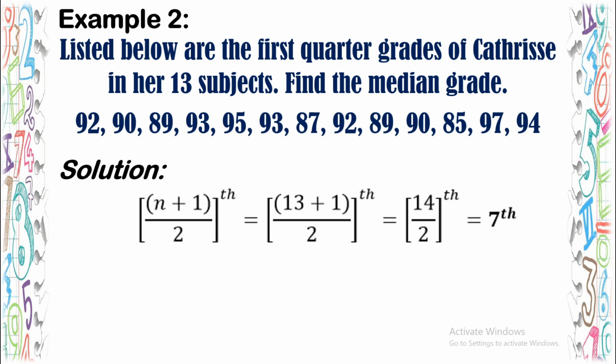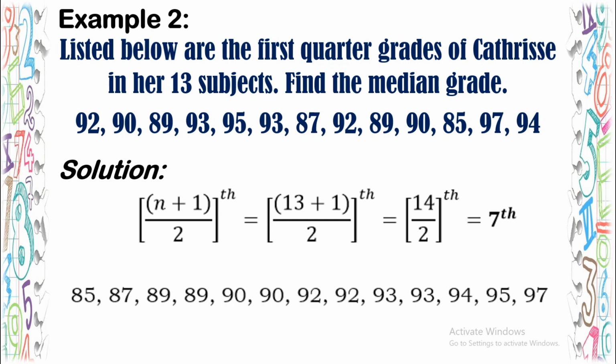order. You may or may not use this formula because you can directly rearrange the data in increasing or decreasing order and then find the middle value. So we're now ready to arrange the given data in increasing order. So we have this one. Since we found out that it must be the seventh observation, we count from left to right.